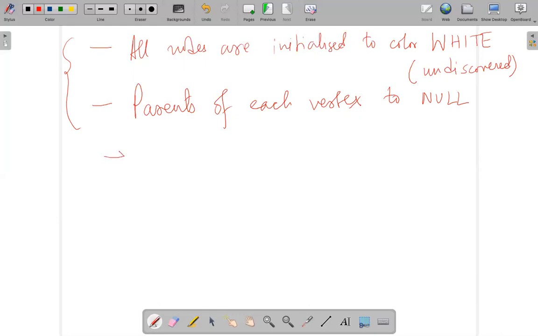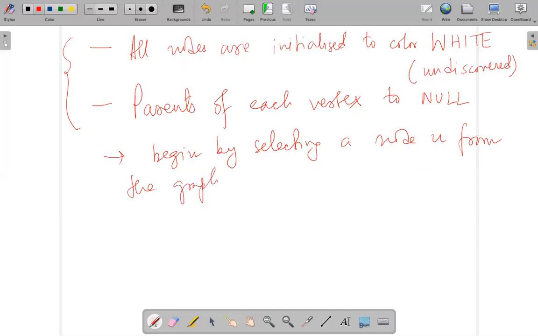So now our procedure will begin. We will begin by selecting a node, say U, from the graph. Okay. And set its color to gray. Okay.